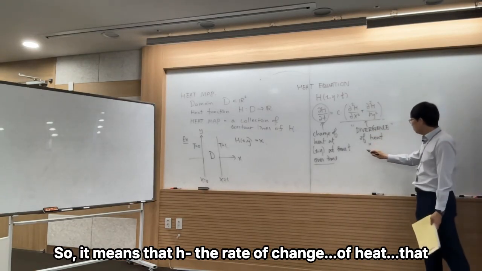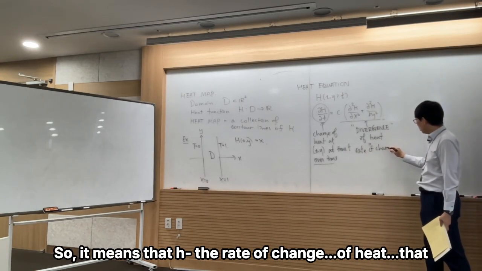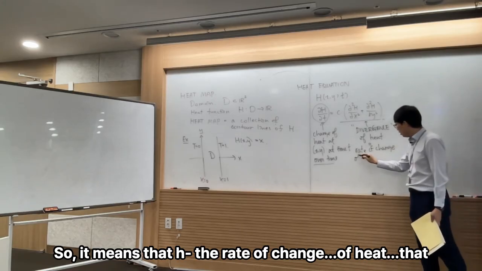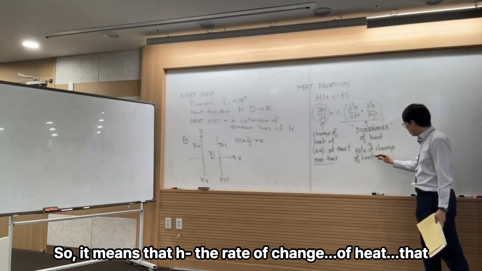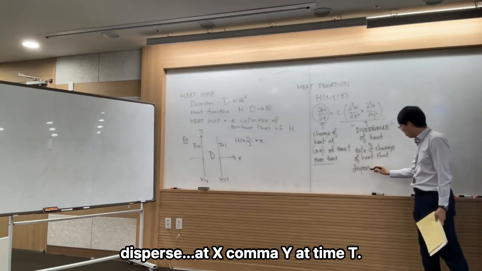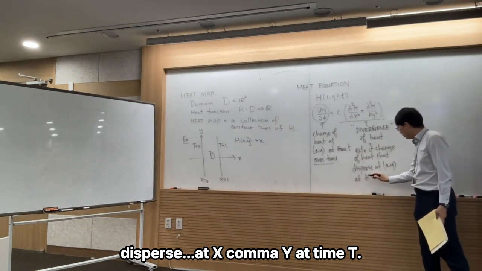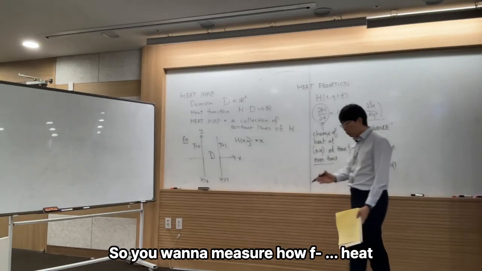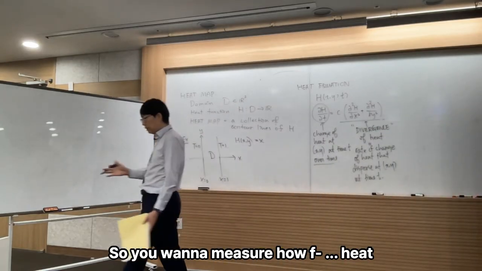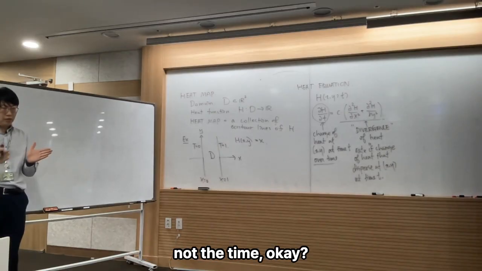So it means that the rate of change of heat that disperses at x, y at time t. So you want to measure how heat is changing fast across the point, not the time.